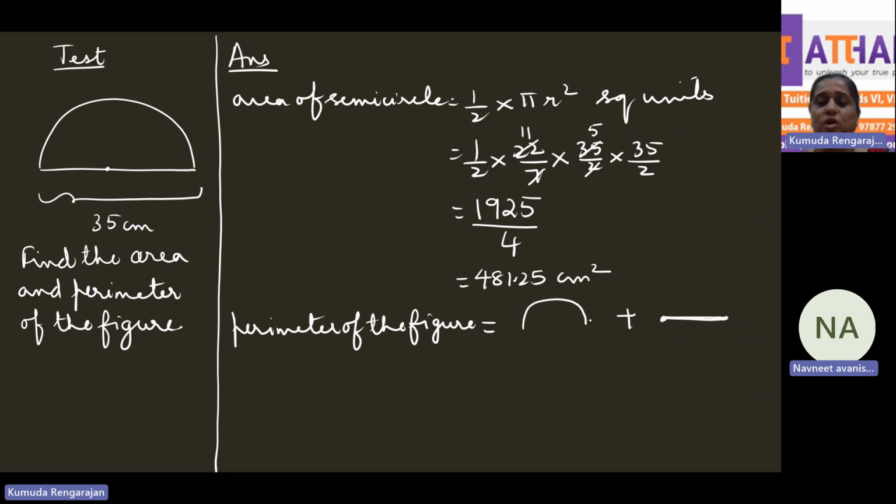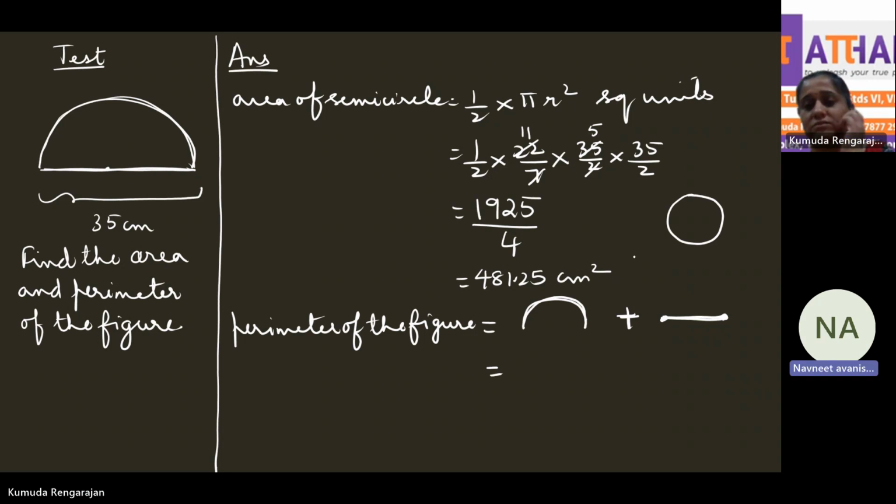See, you shouldn't do all this in the exam, but this is just for us to understand. Perimeter is the length of this curve plus the length of this line segment, correct? Do you understand what I'm saying, children? Yes, ma'am. Now, what is the length of this full thing?